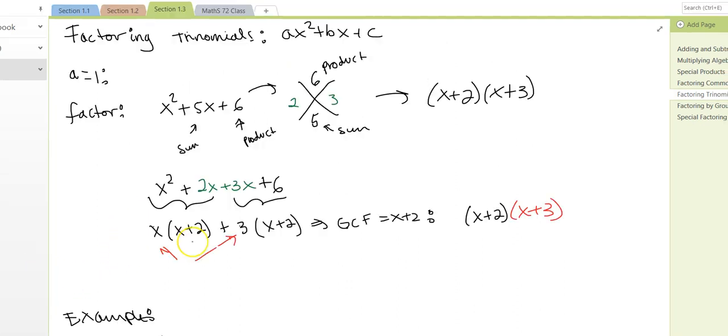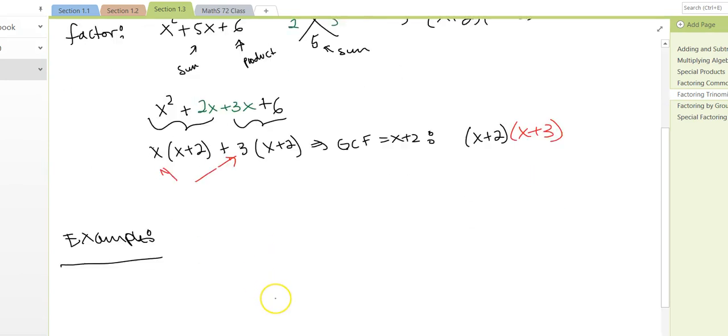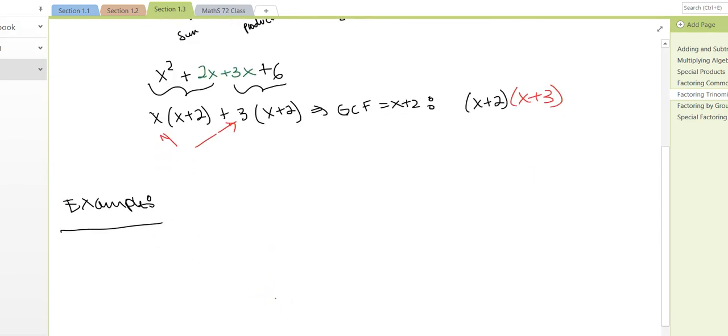So let's try another. Okay, so we'll continue with another example. Say I want you to factor 3x squared plus 12x minus 15. And so notice that here is still a trinomial, and one of the things you should always do is ask, is there a GCF?